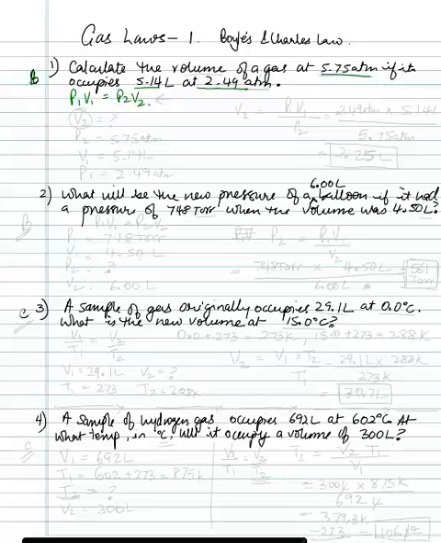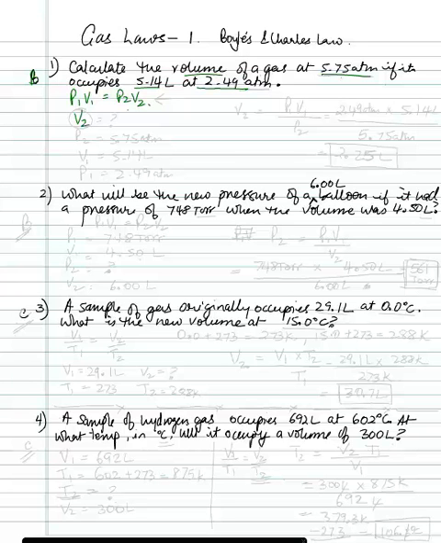It's really important to identify your initials and your finals. Once those numbers are set, then your calculation would be fine. So the best thing to do is to go ahead and write those out. For example, calculate the volume of a gas at 5.75 atmosphere, which means you don't know the volume.